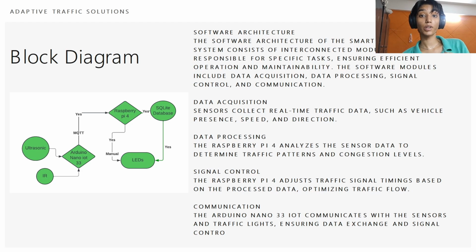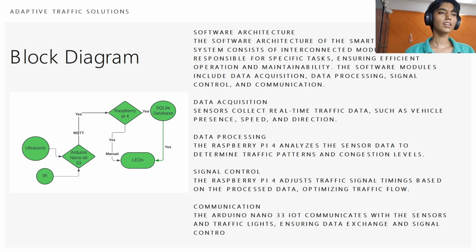Sometimes we couldn't only rely on the machine, so I am going to give the ultimate say to a human being, if they wanted to work through that themselves, so they can do that. The ultimate say would be of that traffic officer or any other responsible person at that cross section of the road. So they could manually work the LEDs through it using the GUI.